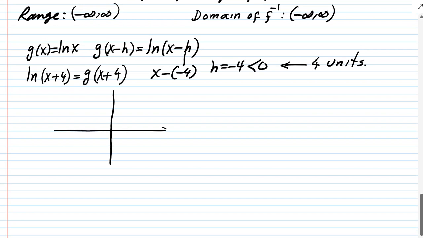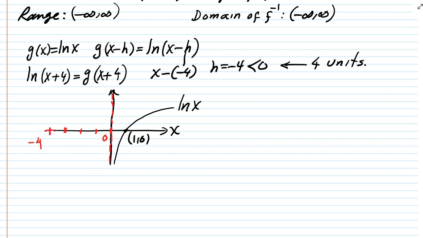And here it is. This is the graph of natural log of x. Okay, it goes through 1, 0. The graph of ln of x plus 4 is going to be shifted to the left 4 units. This is 1, 2, 3, 4. Now the vertical asymptote, which is the y-axis, also shifts, which is at 0, goes to the left 4 units.